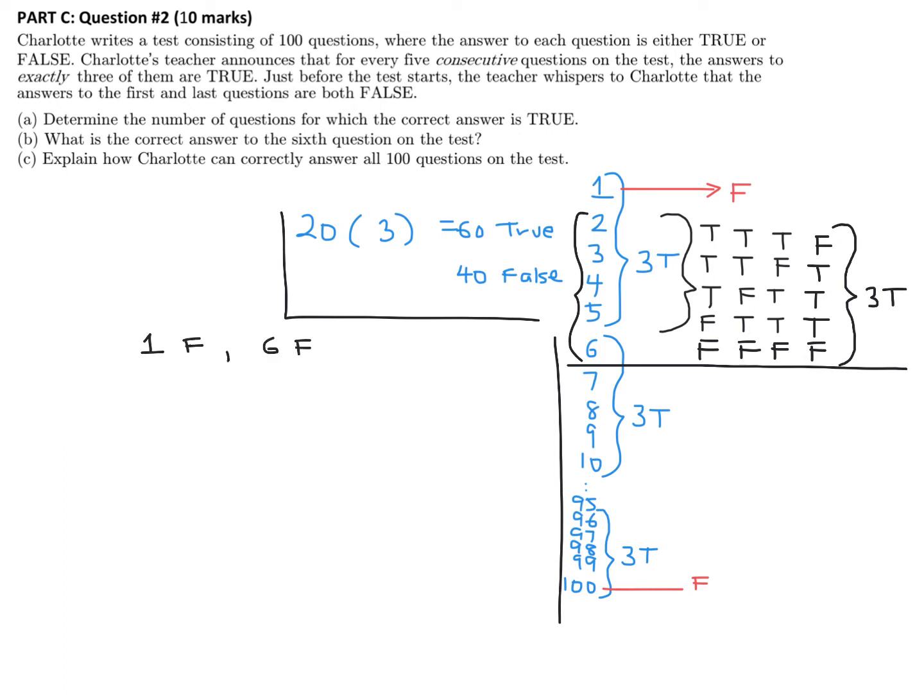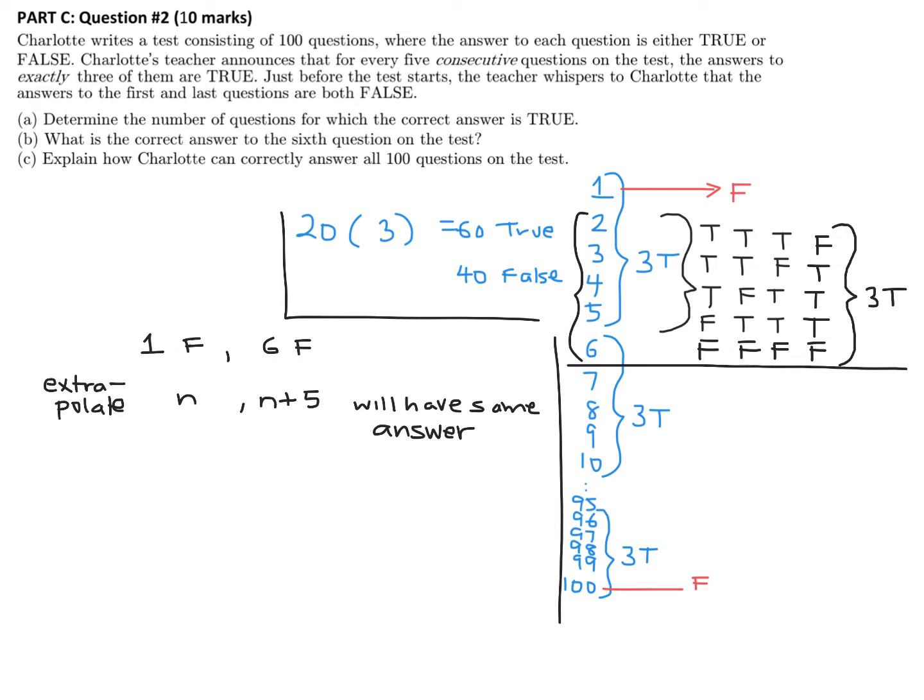Now, by that same logic, we can extrapolate and find out that if question N is a certain answer, question N plus 5 will have the same answer. And basically, we use the same logic that we did here.